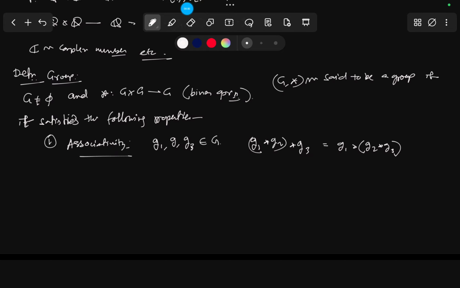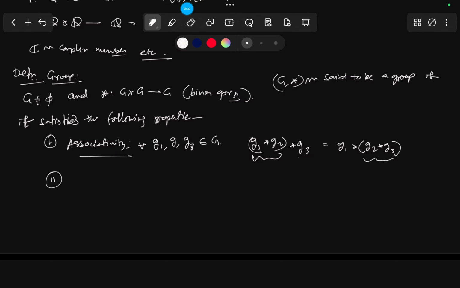So on the left we are first operating g1 and g2, then doing the right operation with g3 with the product, and on the right hand side we are doing g2 and g3 initially, and then doing the left operation with g1 with the product. So there is no difference between them, and this is true for all g1, g2, g3 in G.